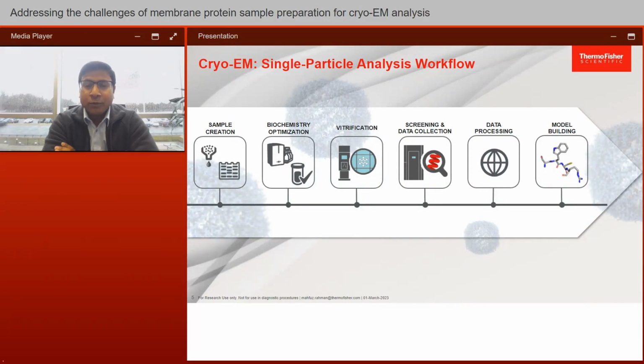The next step is to screen the grids to look at different parameters to decide whether to optimize the biological sample further or to go for data collection. Processing the EM images produces a 3D map, which is used to build the atomic model. In this process, every step is critical and important, and in many cases needs optimization.